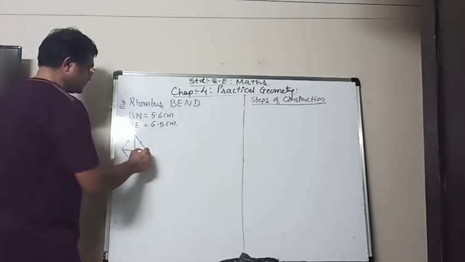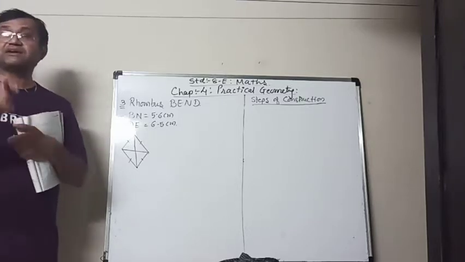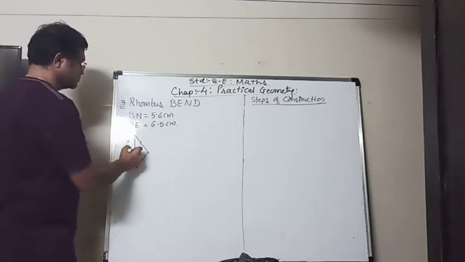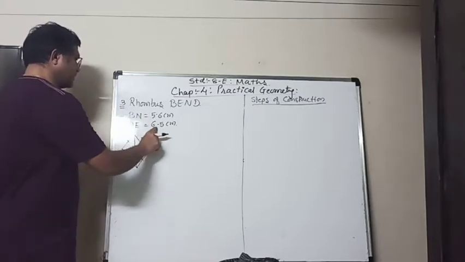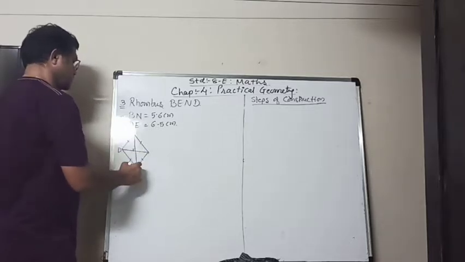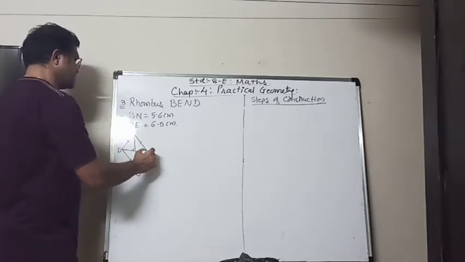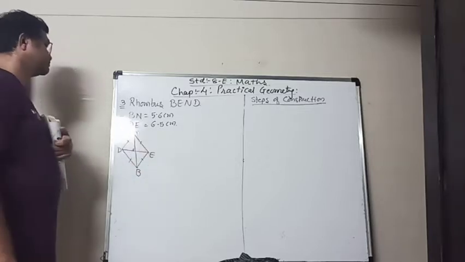Now we know that the diagonals bisect each other at a right angle. So now first we will take this 6.5.